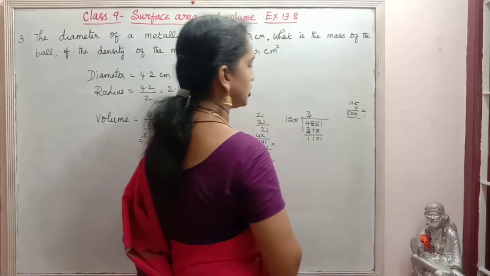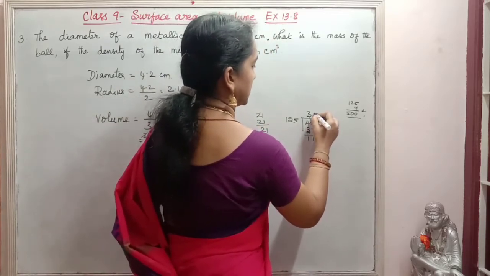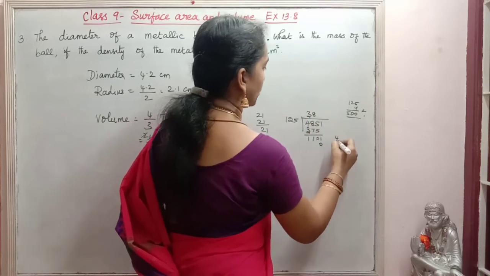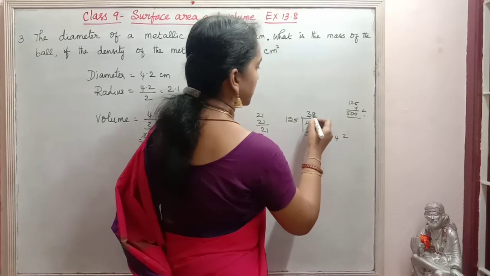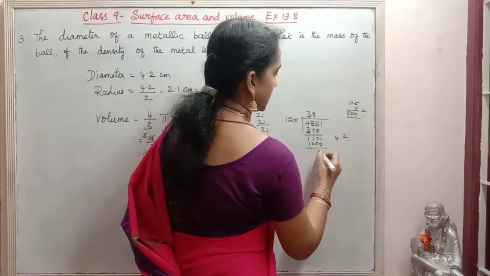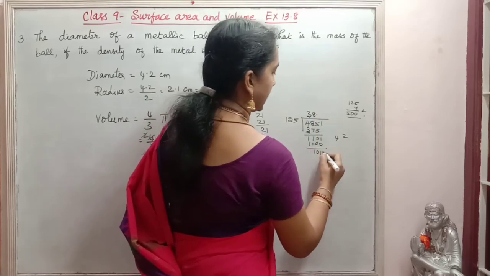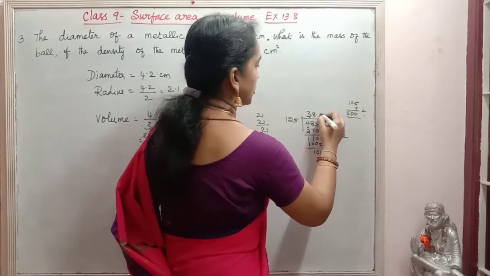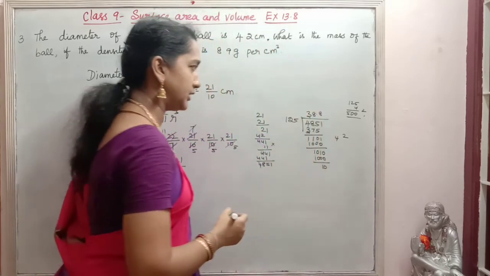We'll bring that 1 also down. So then we'll check for 8 times. 8 fives are 40, 8 twos are 16 plus 4, 20, 8 ones are 8, 10. So the balance is 101. Decimal point, again 0. 1008 times we'll get 1000. 10 is the remainder. We'll stop with this.